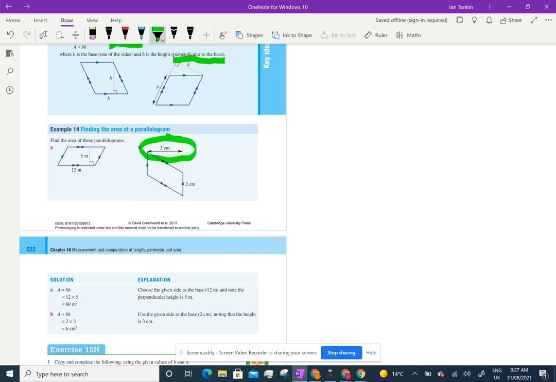They don't have to draw it inside. It's still the height. Like that line there could have been in here, if I'd drawn it neater. If that line was down there and you had the little perpendicular symbol, and you get the height.